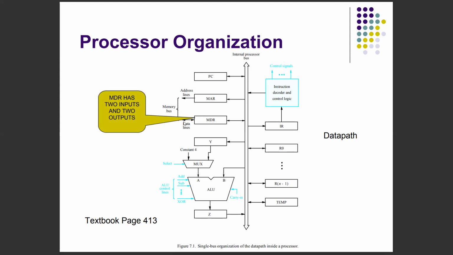The MAR and MDR are the two units directly connected with the memory. For any memory related operations, we perform them via either MAR or MDR. Normally, address operations are performed via MAR and data operations are performed via MDR. MDR is nothing but the memory data register.